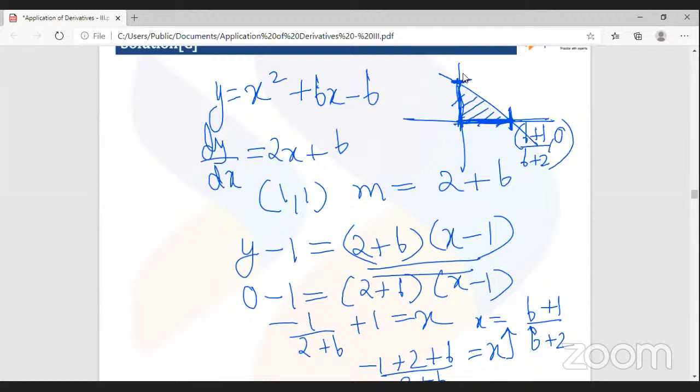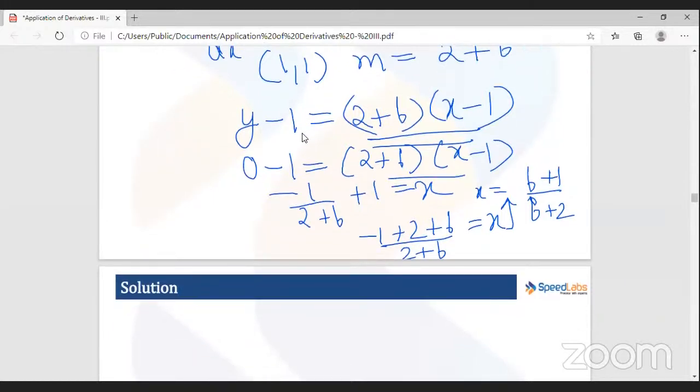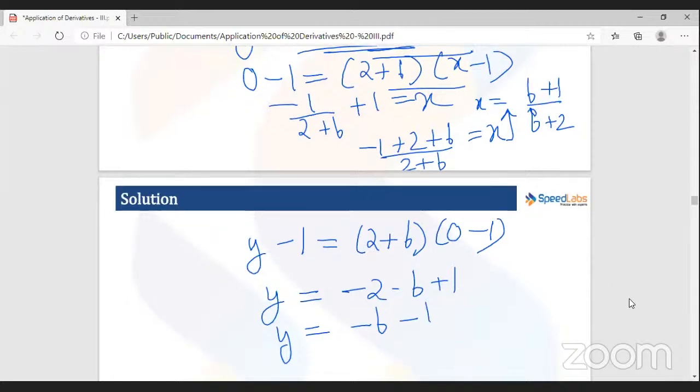Now if we get the y coordinate, I'll apply the formula of half into base into height and I'll get the area of the triangle. So in this equation I'll put x equal to 0 to get the y coordinate. So y minus 1 equal to (2 plus b) into (0 minus 1). So y comes out to be minus 2 minus b plus 1. So y is minus b minus 1.